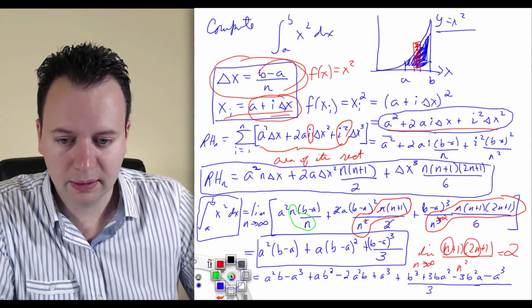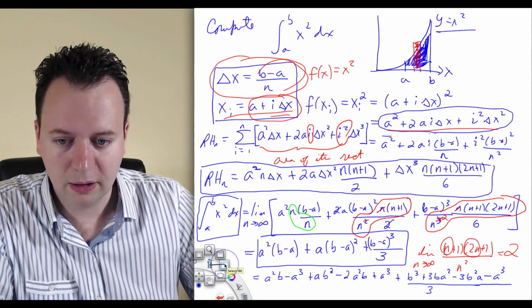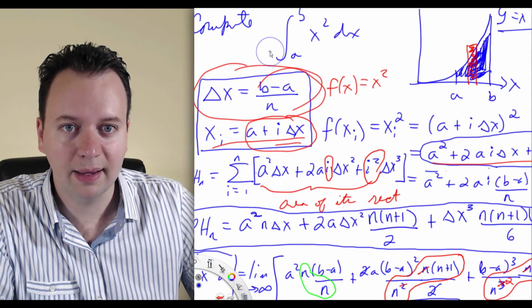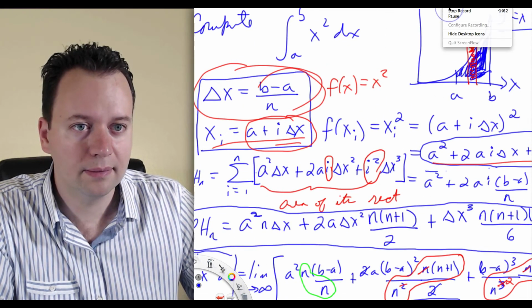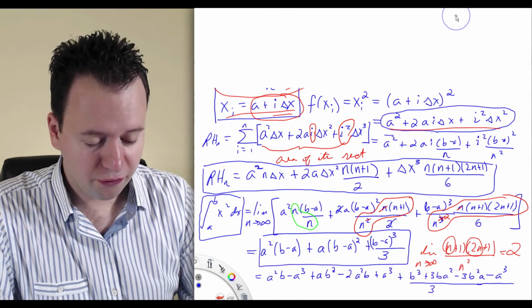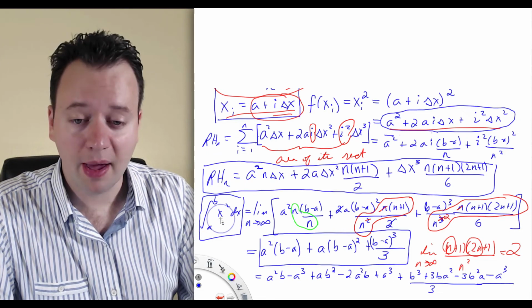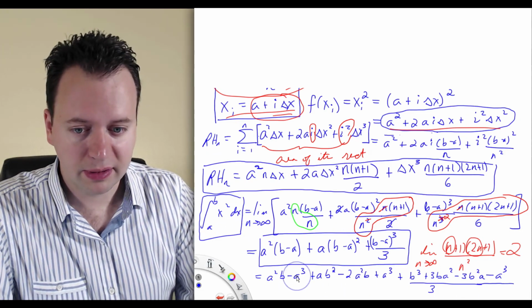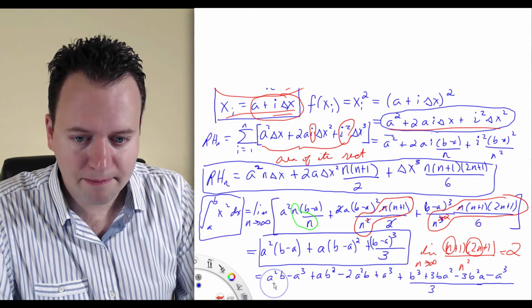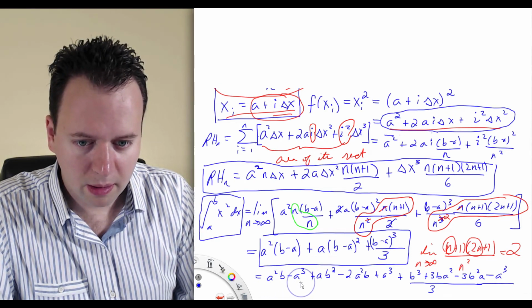So let's get a little bit more space up here. Okay, so we have this expression for the integral from a to b of x squared. We have all this algebra here. Well, let's do a little simplification. So a squared b, let's see, is there anything?